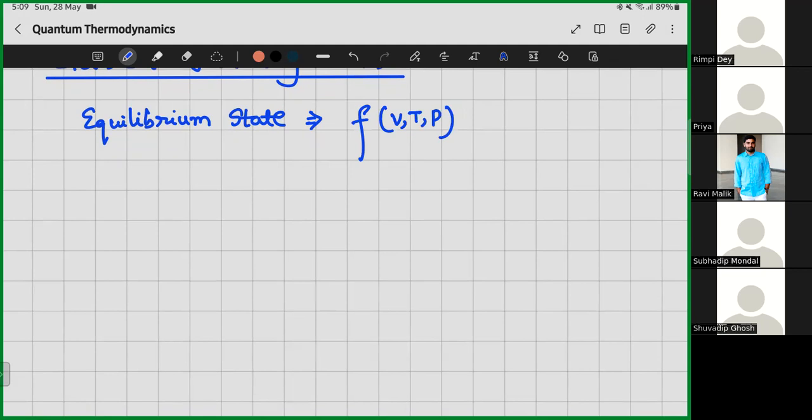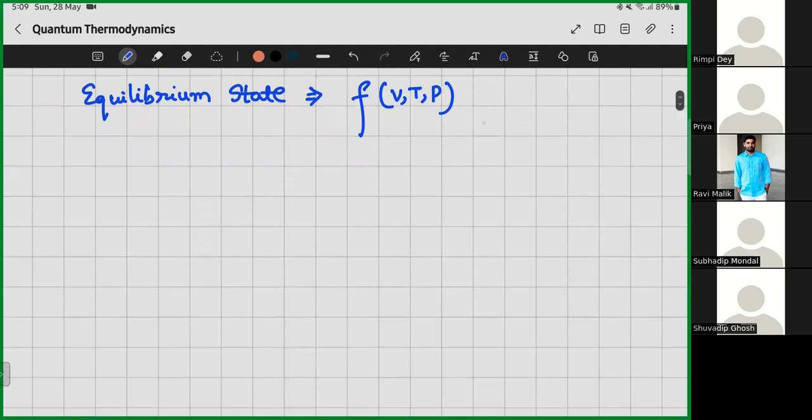Using these macroscopic variables, we can define a state. Let's say if it is a gas, then we can think about PV = nRT. By using this ideal gas equation, we can describe the state of that particular gas. So essentially we can describe any equilibrium state using these variables.